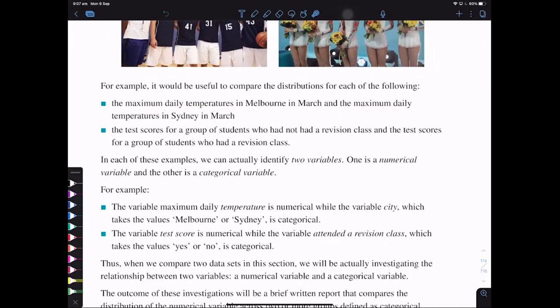But when we start thinking about in Melbourne and in March, aren't they different categories? Okay. So those are two categories there. So you can start to get this idea of comparing back to back or parallel, okay?